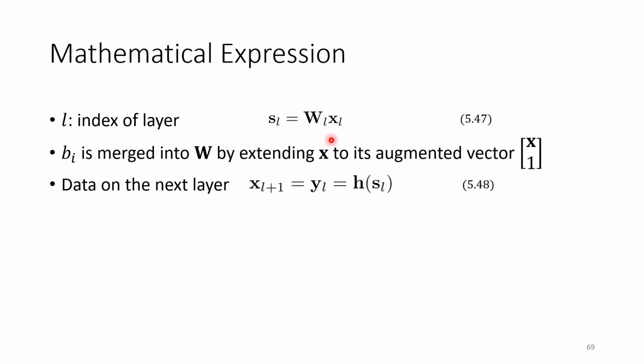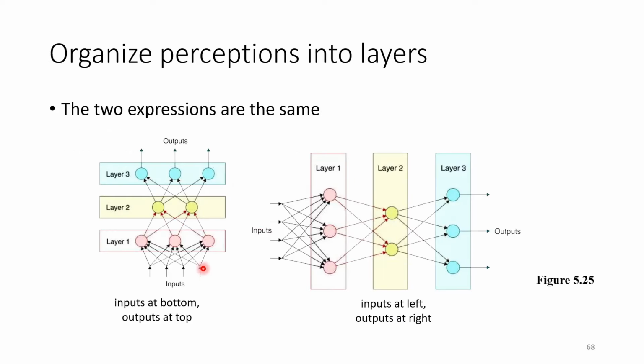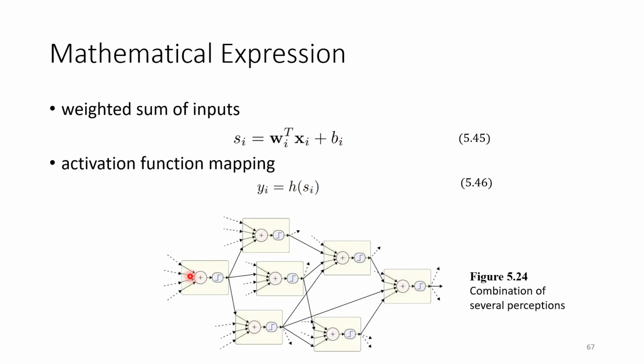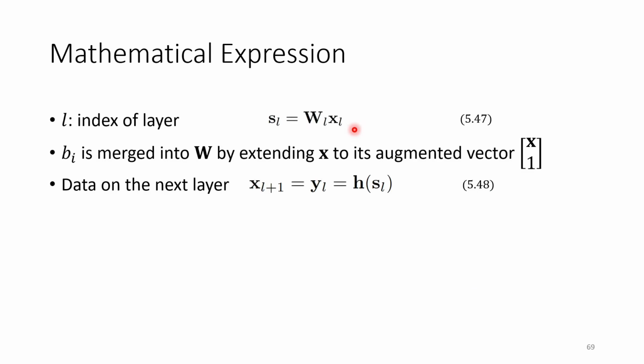For every layer, we have many input values x, so they are x1, x2, x3, x4, and we will have a matrix W. It will be the weights for each perceptron, and we will generate the vector of output values s.